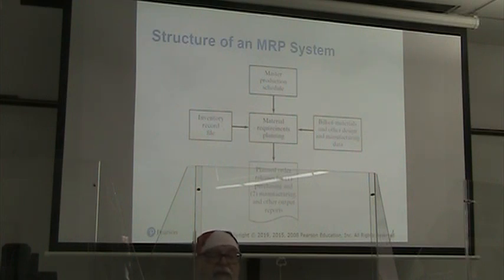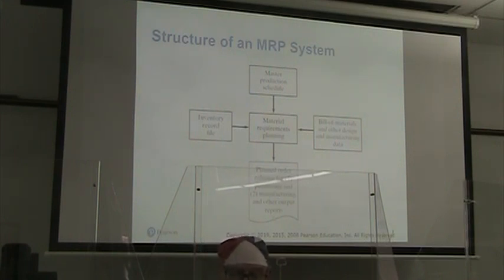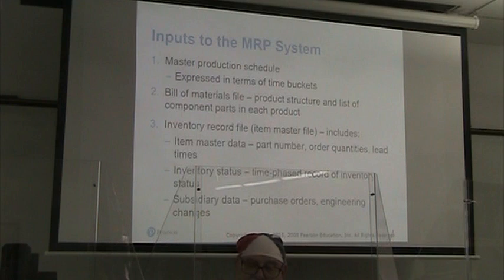So our material requirements planning then gives us our planned order releases for purchasing of raw materials, parts, etc., and manufacturing and other output reports, so that we know what to do with these raw materials, parts, etc. when they get here.